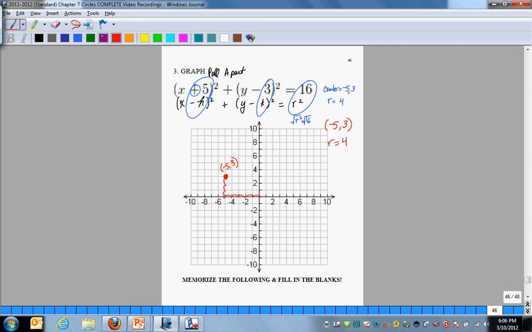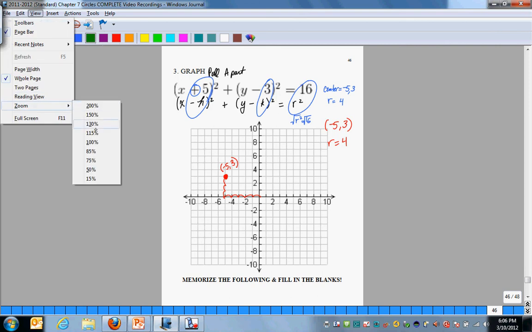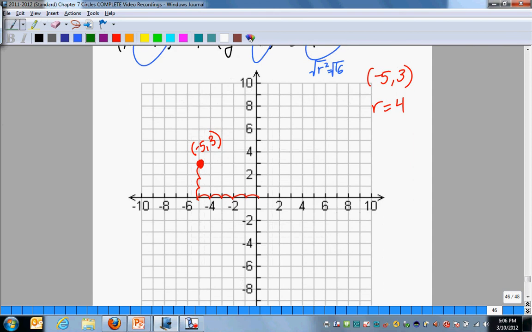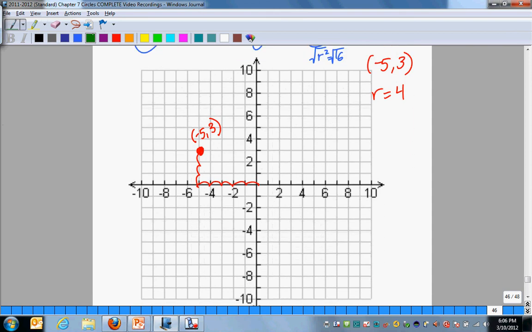Now our radius is 4, so from that point, we're going to go up 4, 1, 2, 3, 4, that's an anchor point. From the center, go down 4, anchor point, go to the right 4, anchor point, and left 4. Think north, south, east, west, anchor points.